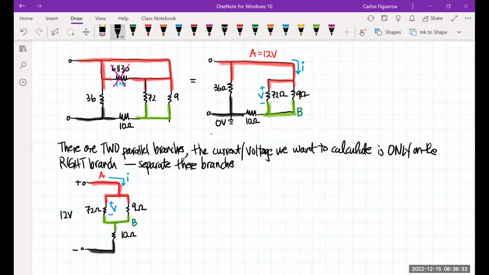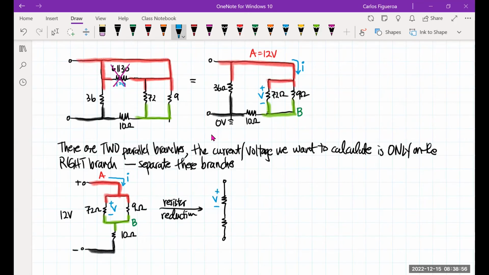So now what I'm going to do here is look at resistor reduction, where I'm going to compress the 72 and the 9. So then I really only have 2 resistors. This means that I want this voltage here.